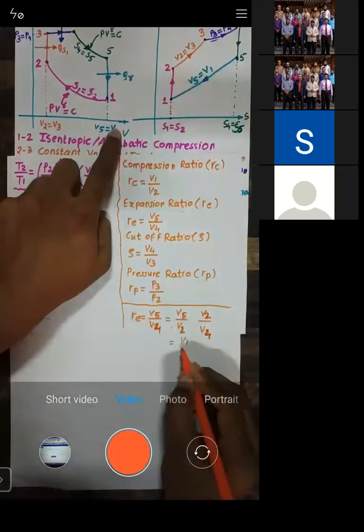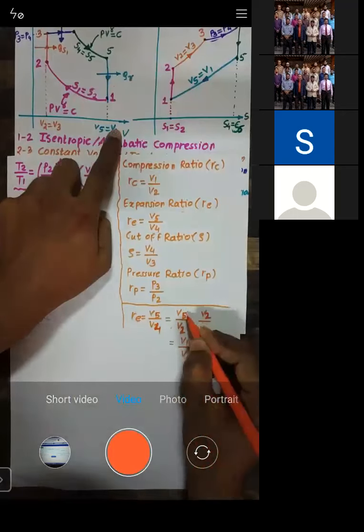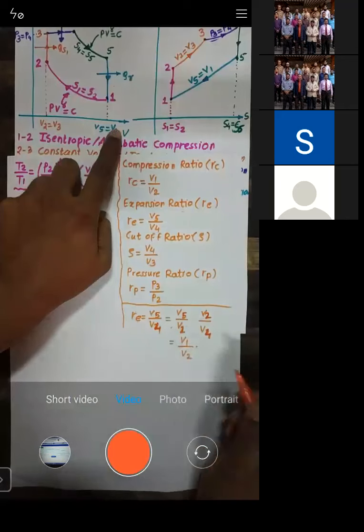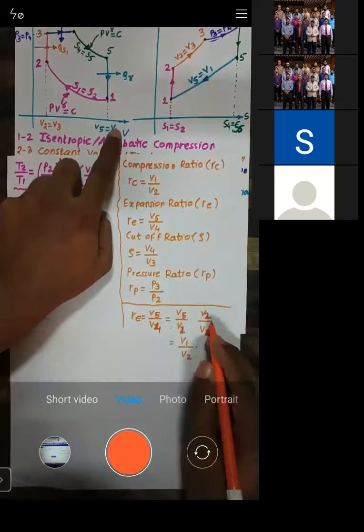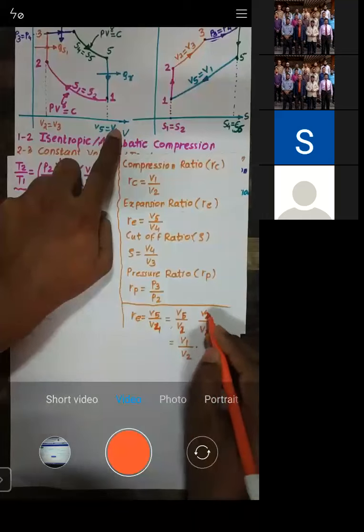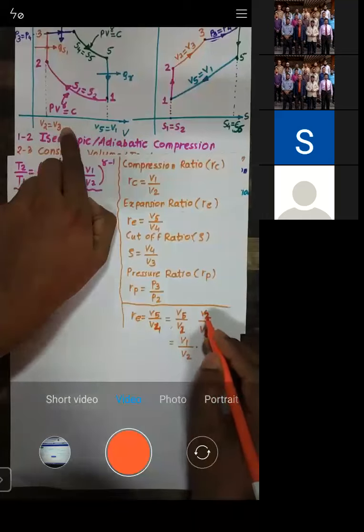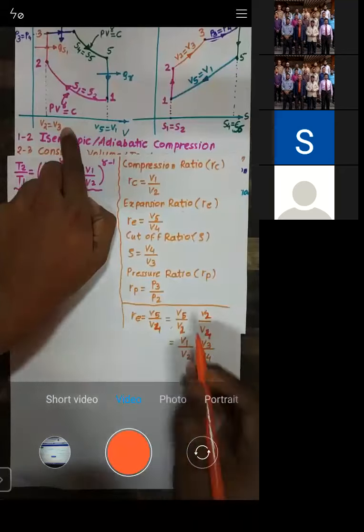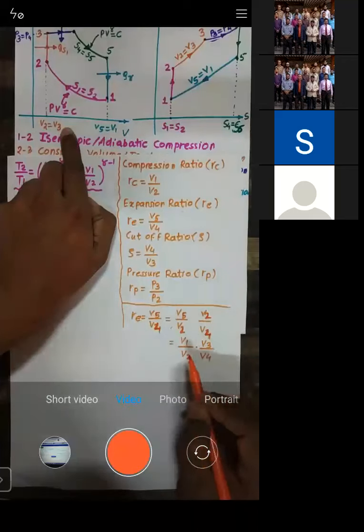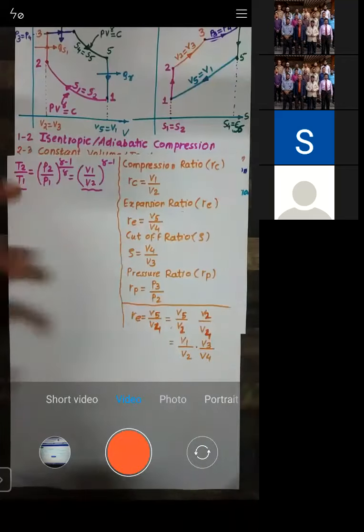So V5 by V4 is V1 by V2 into V2 by V4. What is V2? It is the same as V3. So V5 I have taken as V1, V2 I have taken as V3.